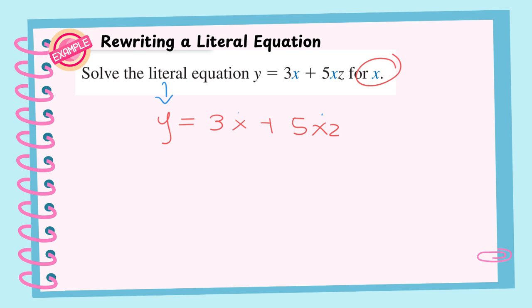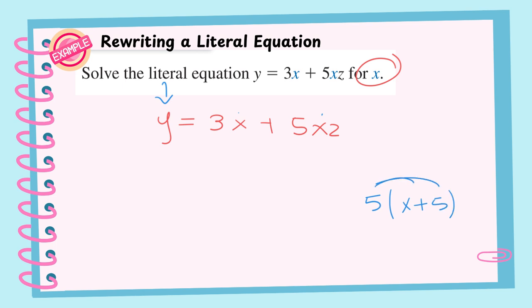Let's think. How can I get rid of to start solving for x? Do you guys remember grouping, factoring, which is the opposite of what? Distributing, right? We did this, where you had 5x plus 5. What do we do here?